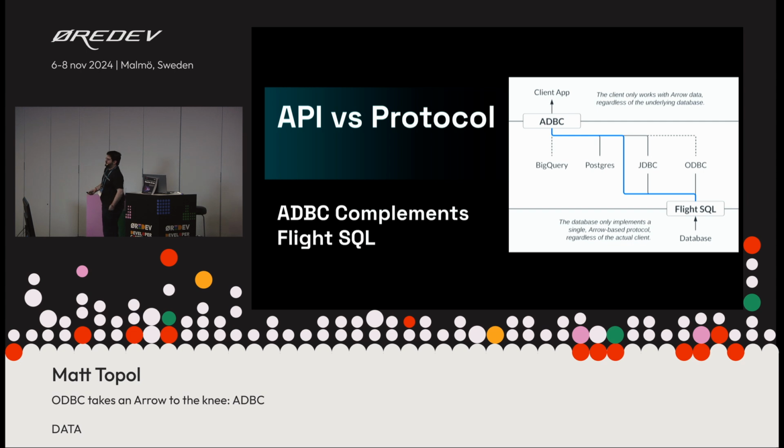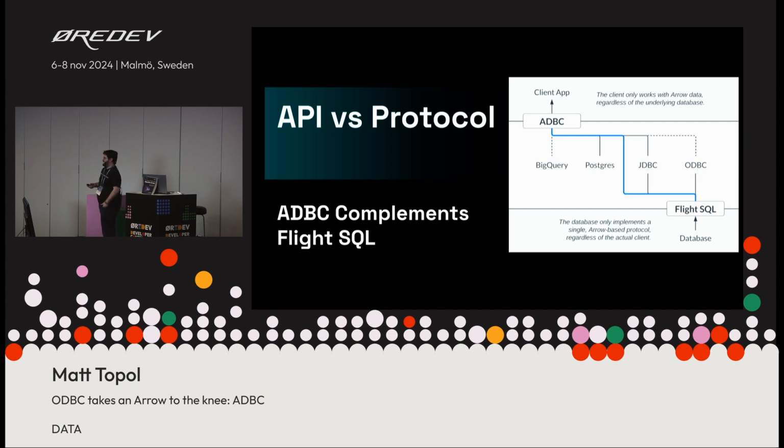And the end result here is that if you're building a data system, like a database or anything, and your server side implements Arrow Flight SQL as your interaction on the server, you get all the client stuff for free, because then anyone can just use ADBC and the Flight SQL driver and interact with your system.